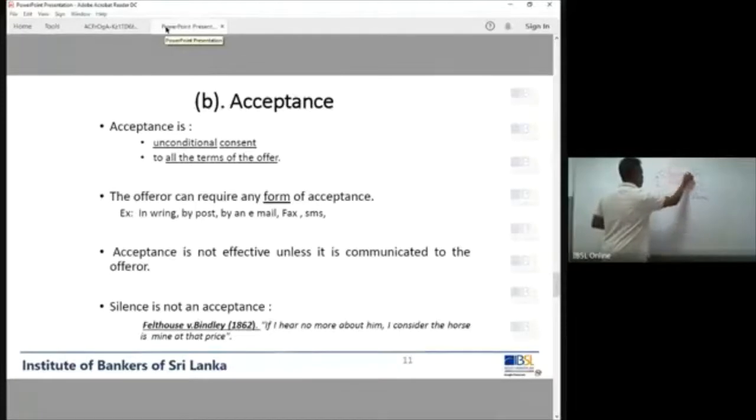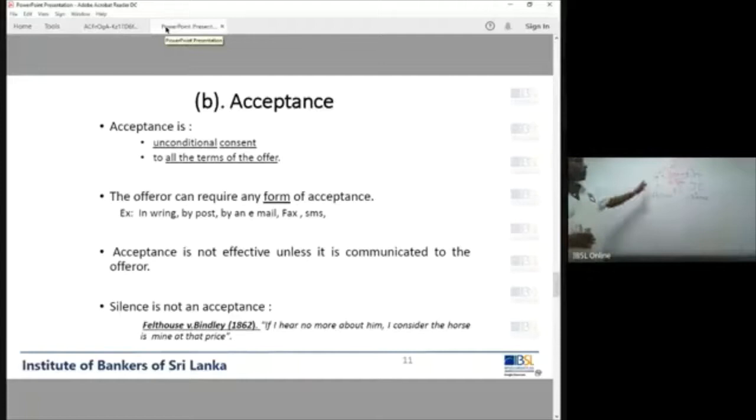To create an agreement, the offer has to be accepted. What is acceptance? Acceptance means that the offeree has to give consent to each and every term of the offer. Otherwise, what will happen? It is not properly accepted.